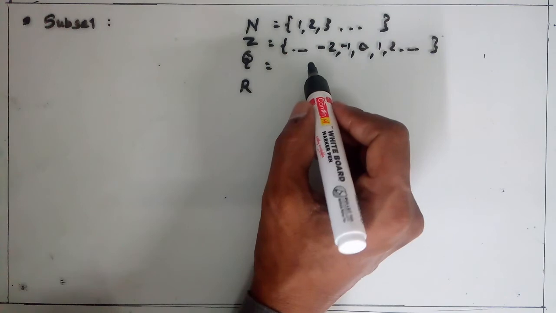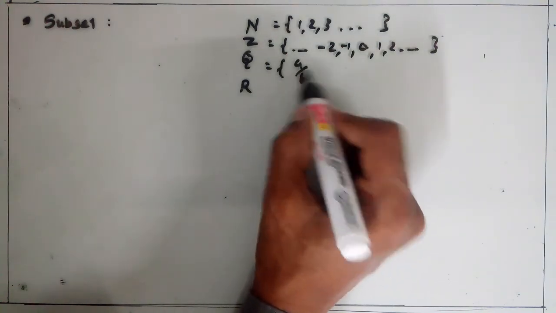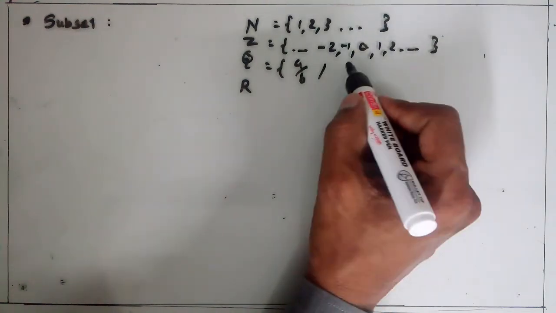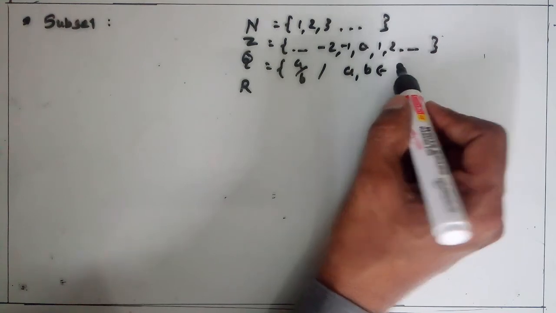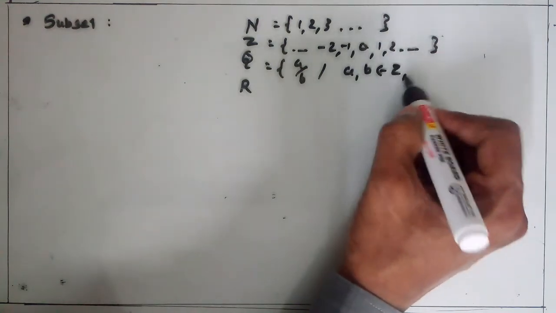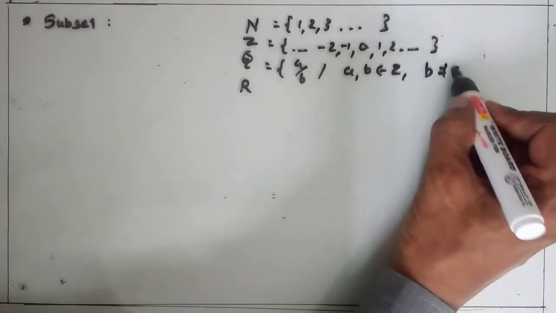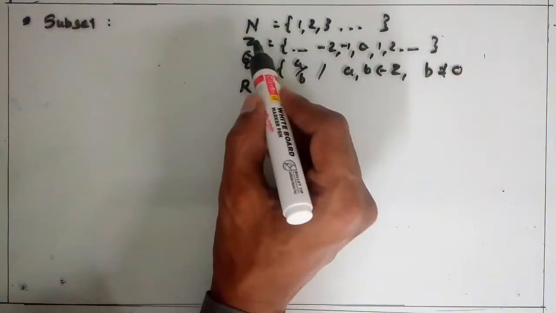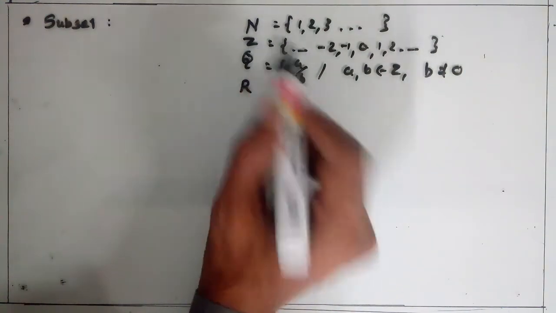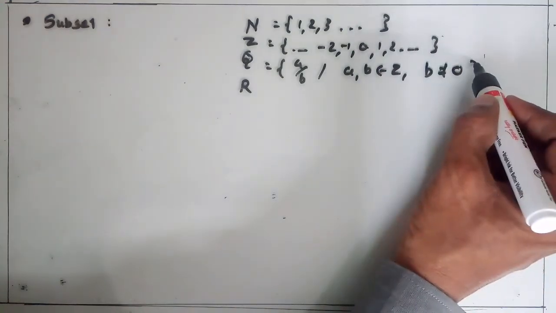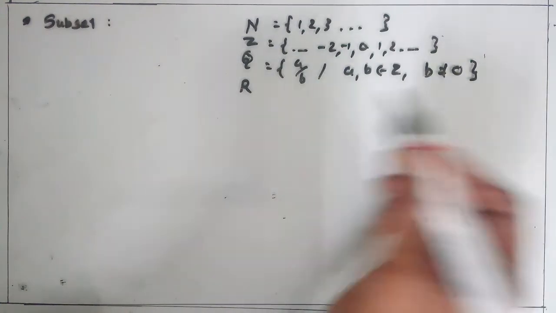Q is a set of rational numbers in the form of a upon b, where a, b belong to Z and b not equal to 0, or b belongs to N and a belongs to Z. In different books, different types of this condition are given.